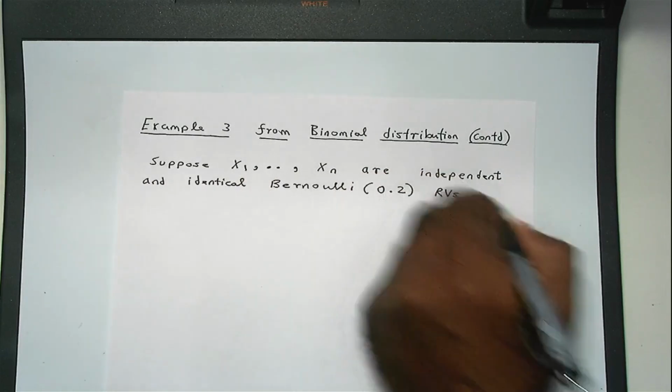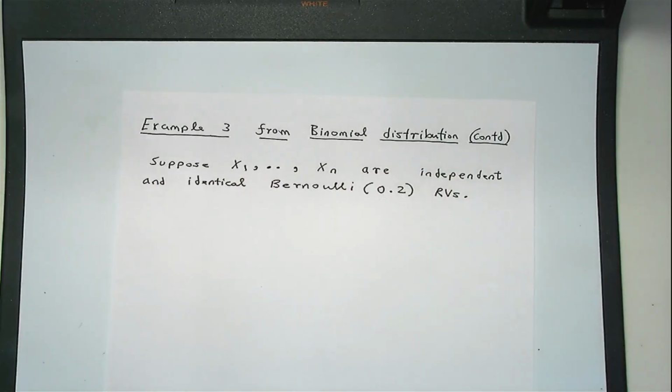Suppose you have x1 to xn, which are independent and identical Bernoulli variables.